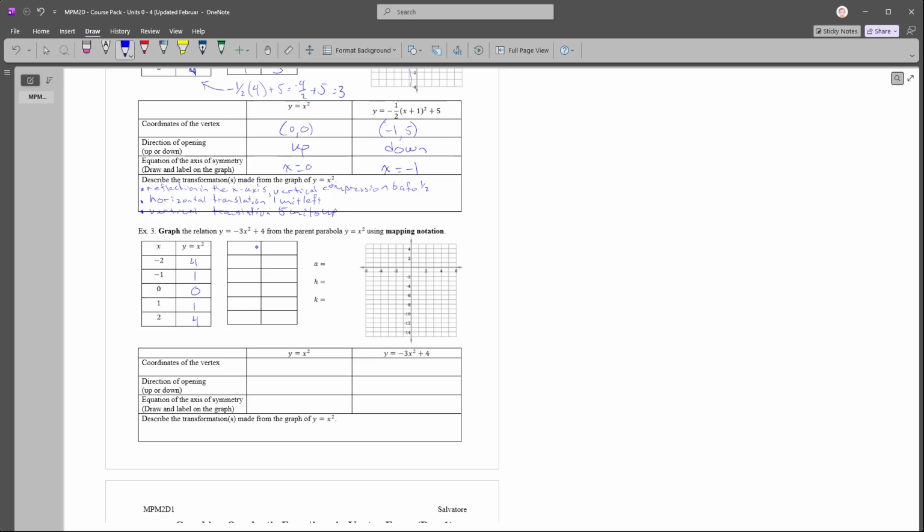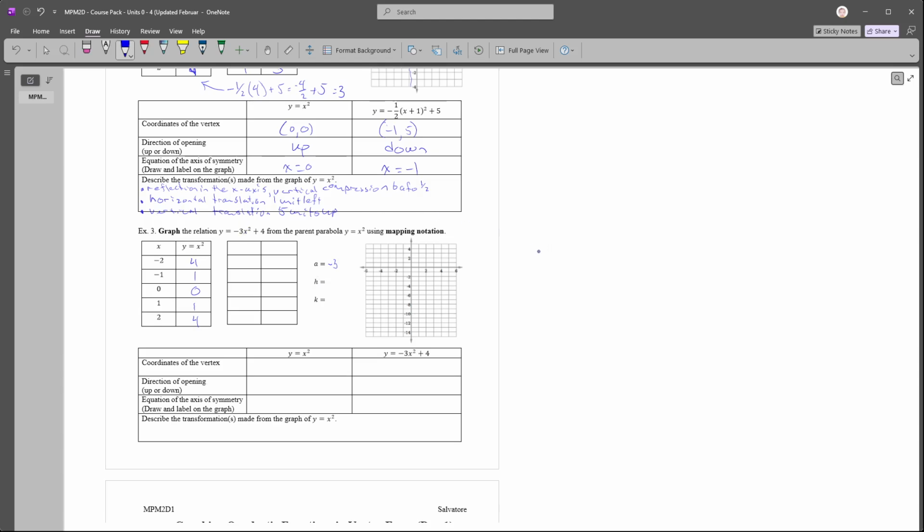First of all, what is the value of a? Now that's the stuff outside of the square, so that's negative 3. That tells us that we're going to get a reflection in the x-axis and a vertical stretch by a factor of 3. I could even write that down here right now because I know that for a fact. What about h? Well, there is no h.